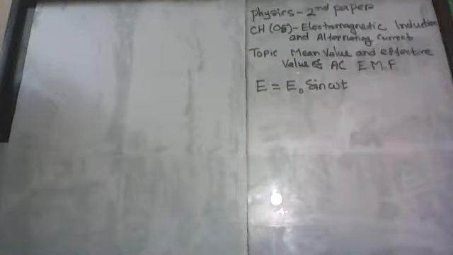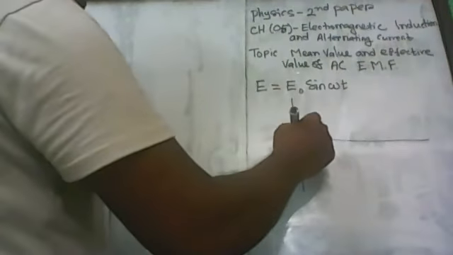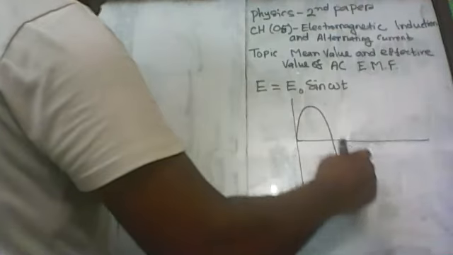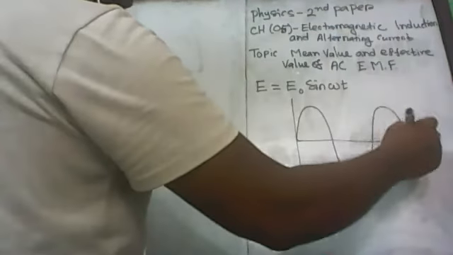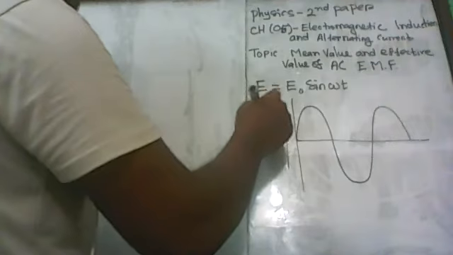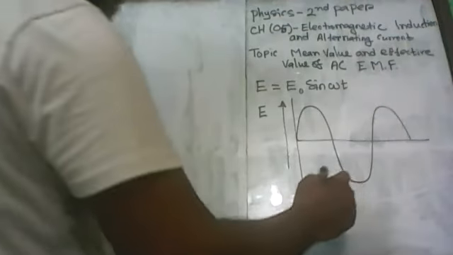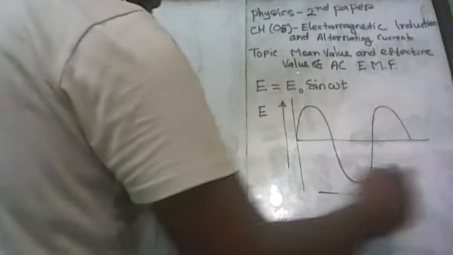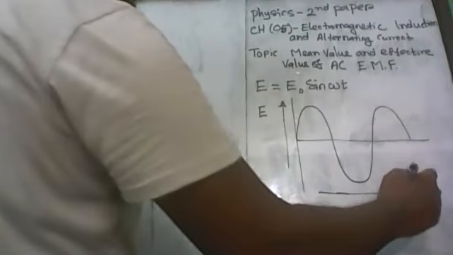If you draw the graph of AC voltage versus time, you will get the following graph. This is the graph of AC voltage or AC electromotive force. In this direction the electromotive force is acting, and in this direction the time is acting.